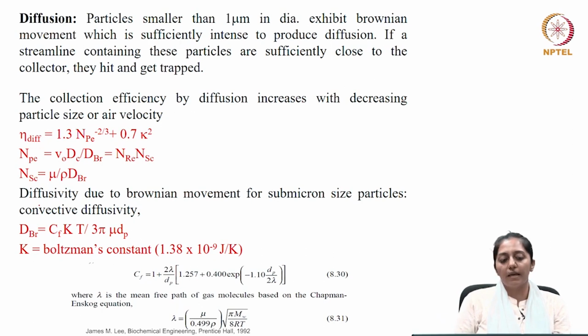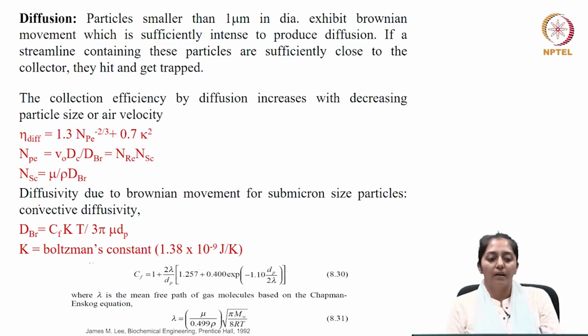Now, if the particle size is very small, smaller than 1 micron in diameter, they will exhibit Brownian movement, which will be sufficiently intense to produce diffusion. Now, if a streamline containing these particles is sufficiently close to the collector, the particle might hit and then get trapped.